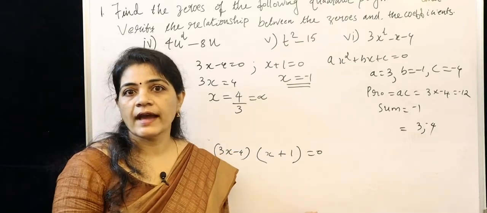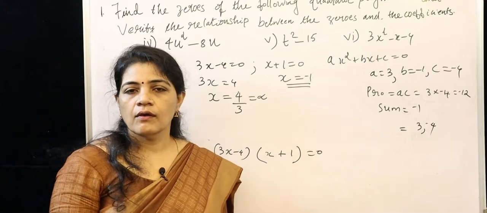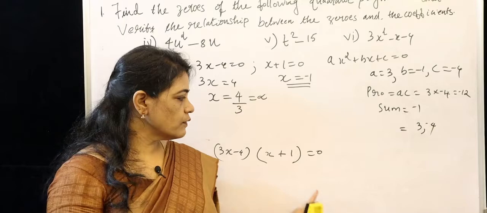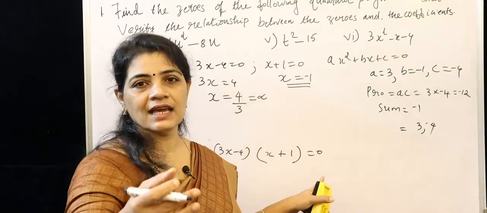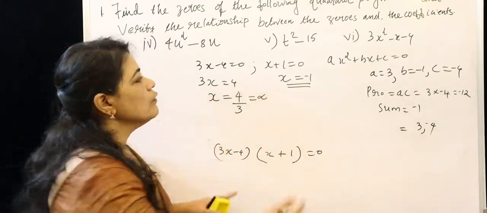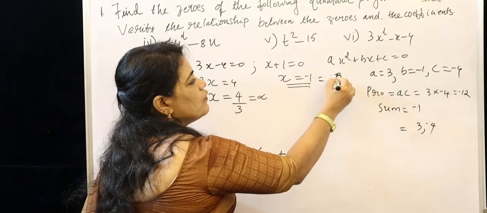This is because of the factor theorem, children. If x minus a is a factor, x is equal to a is a zero. That is why we can equate each factor to 0. So we now have beta as minus 1, alpha and beta.